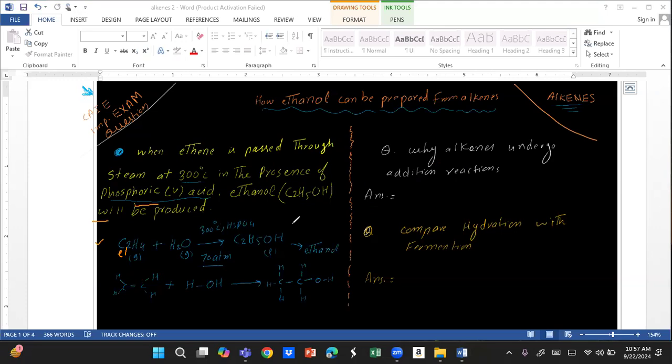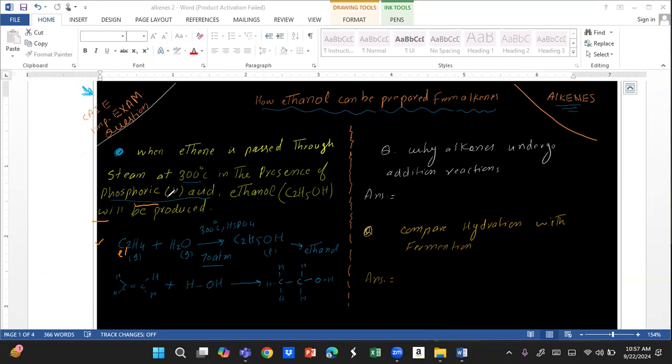Because in this case water is added. Whenever water is heated and converted into gas, meaning steam, then ethene gas will be passed through it at a high temperature, that is 300 degrees centigrade, in the presence of a catalyst, that is phosphoric(V) acid.